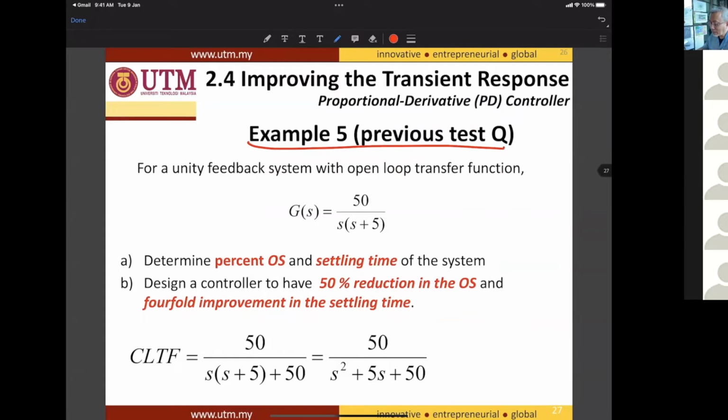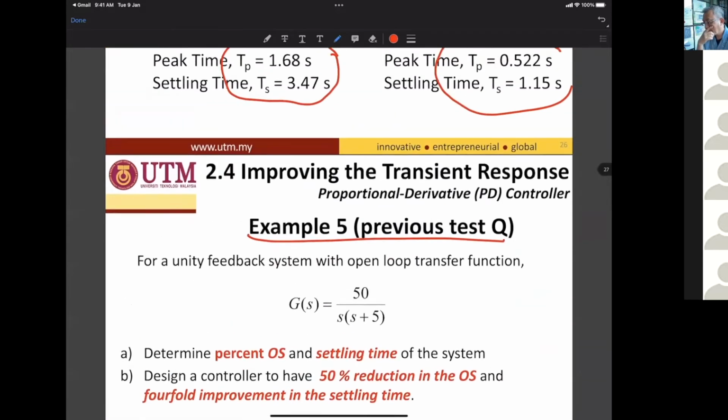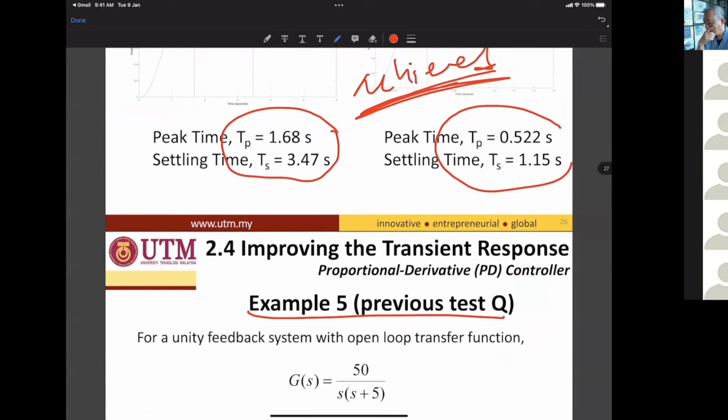Repeat balik yang mana, Pak? Macam contoh dia tidak menurun mendadak kan. Kalau dia punya peak time tu tidak menurunkan, kita buat satu lagi sistem.